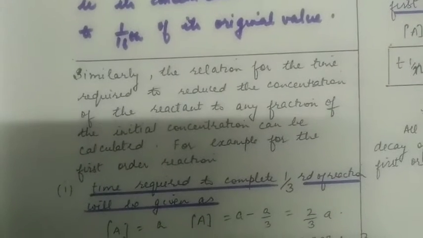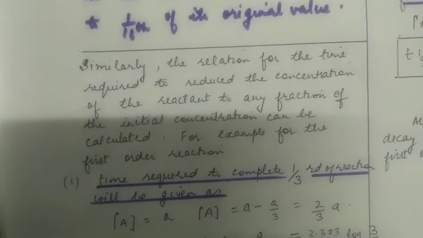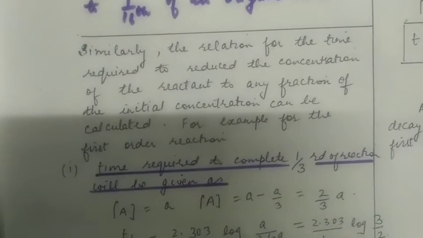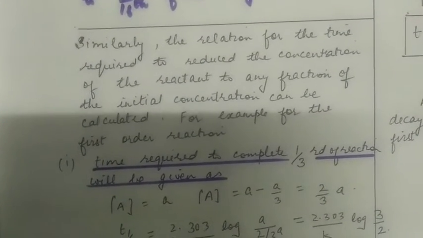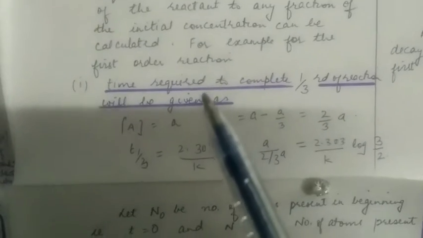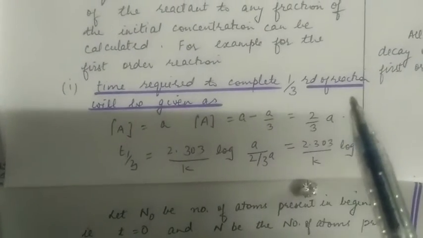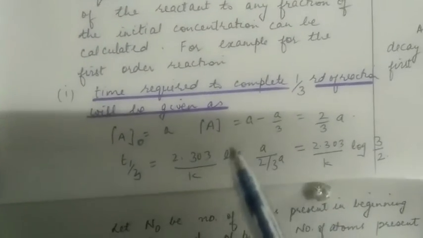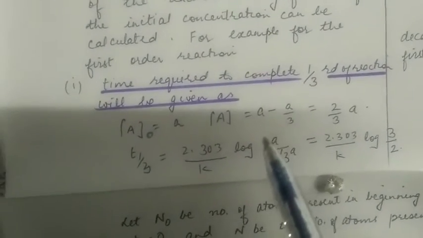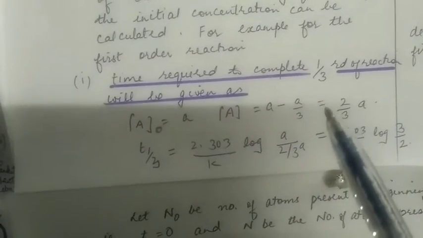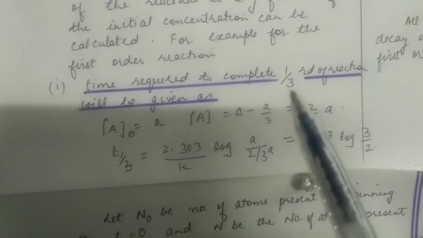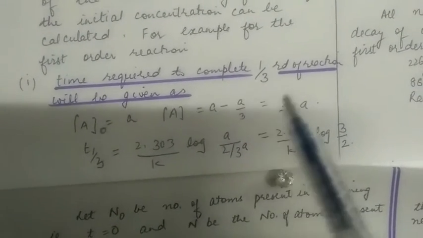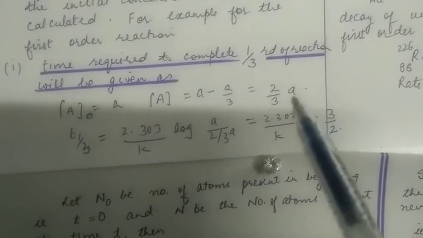Similarly, the relation for the time required to reduce the concentration of the reactant to any fraction of the initial concentration can be calculated. Let us find out the time required to complete 1/3 of the reaction. A naught is equal to A, and A is equal to A minus A upon 3, 1/3 of A. So this comes out to be 3A minus A, 2A upon 3.